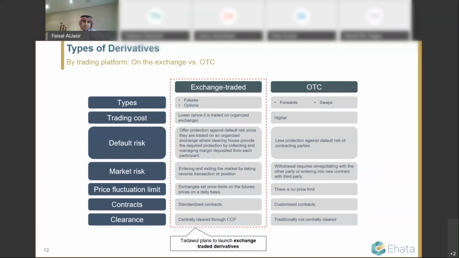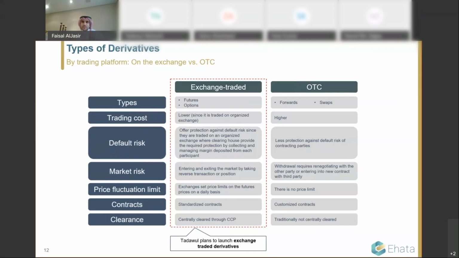So what are the types of derivatives? Again, we said that derivatives are traded either on exchanges or OTC. This is just showing a comparison between both markets. The types of derivatives you would normally find in exchange traded are either futures or options.